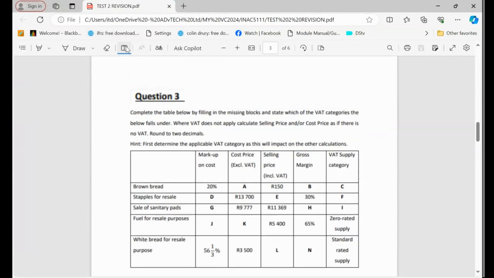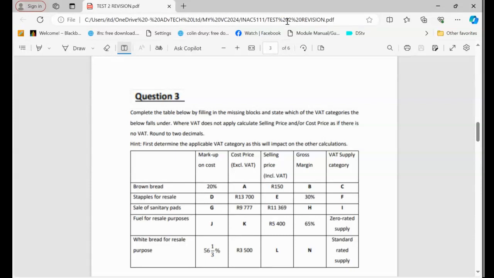Okay. So you can see here they say complete the table below by filling in the missing blocks and state which of the VAT categories the below falls under. Where VAT does not apply, calculate selling price and cost price as if there is no VAT.